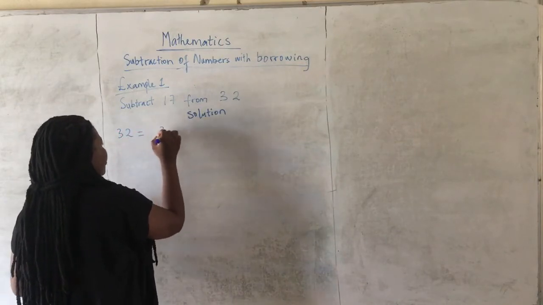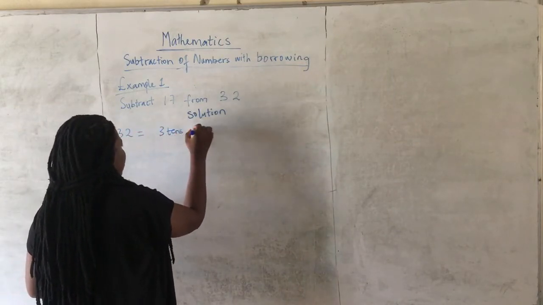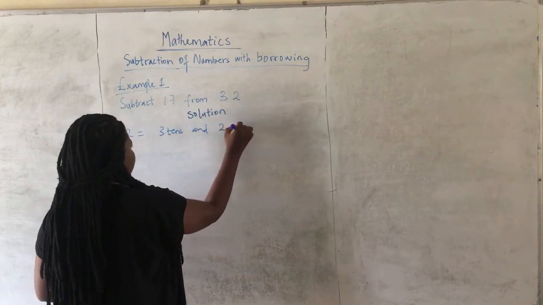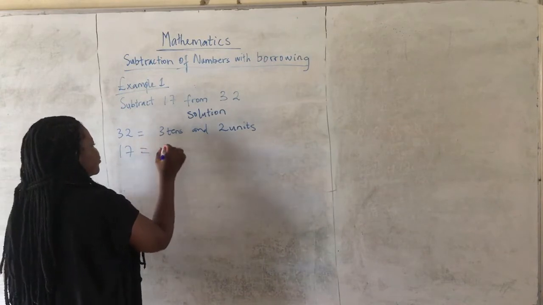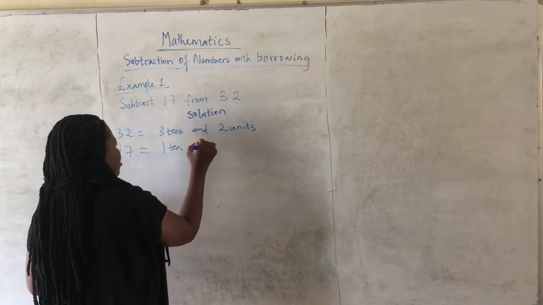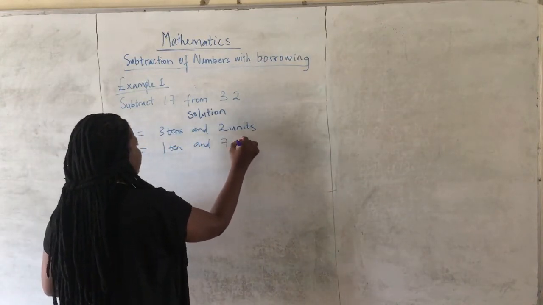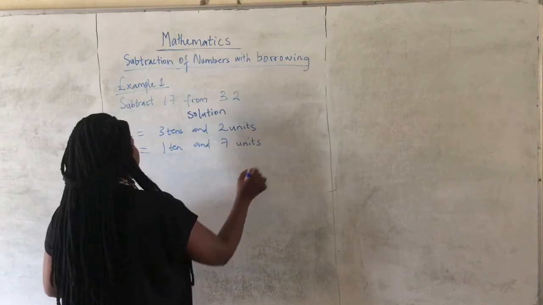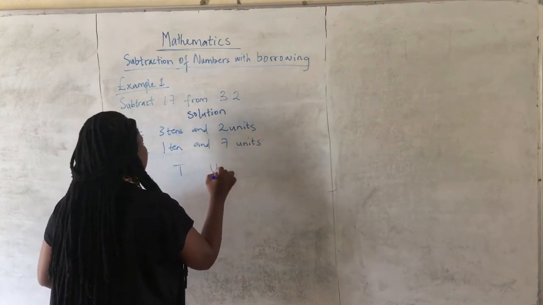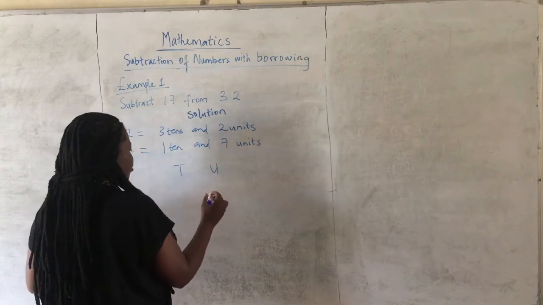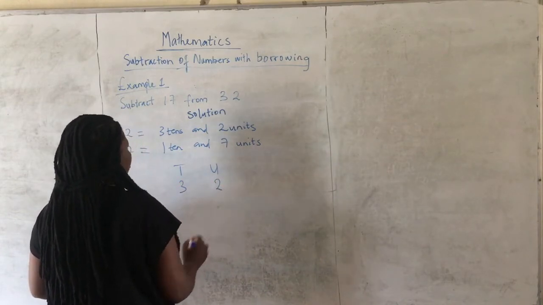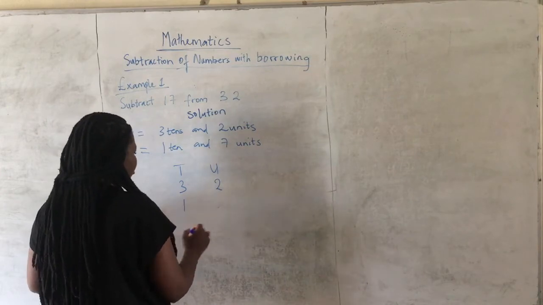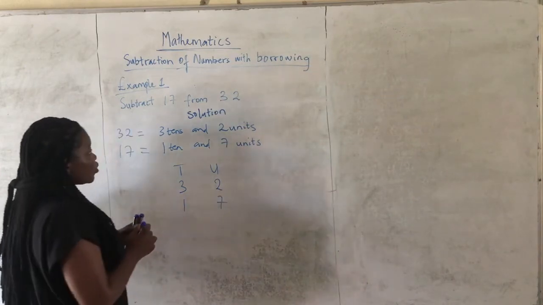32 is equal to 3 tens and 2 units. 17 gives 1 ten and 7 units. So we put it in the different columns: 3 tens and 2 units, then 1 ten and 7 units.